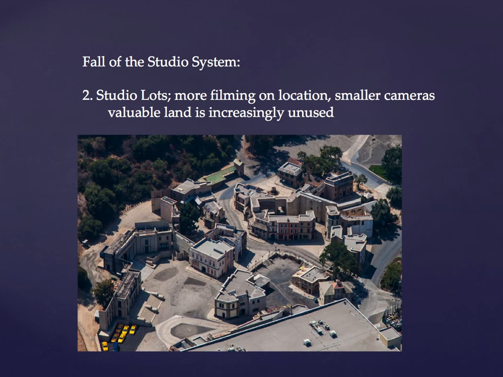And now these studios are going to be more in the middle of the city, and taxes are going to be higher and that sort of thing. And there's going to be more and more filming on location instead of filming in Hollywood's version of New York or London or Paris. Some directors are going to say, I want to go to the real thing, at least for part of the movie, the outdoor parts. Cameras get a little smaller, they don't need 3 strips of film in order to do color, and so on.